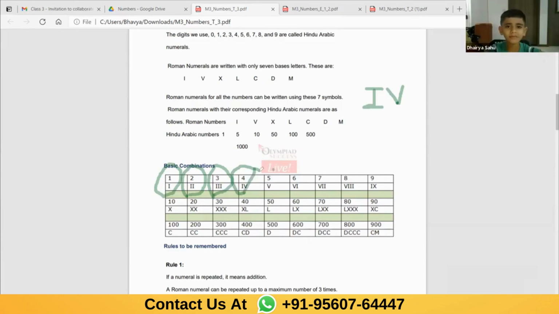I know symbol of 5, which is V. Yes? When we are subtracting a number, we write it in that way.